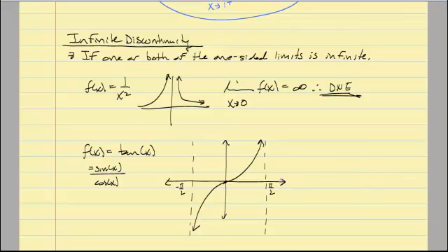Well, let's go ahead and try and determine the limit as x approaches pi over 2 from the right of tangent of x. And actually, the rest of the graph over here would look as such. Okay, and it would come up over here as well with another asymptotic line. So as we can see, as we approach pi over 2 from the right, this is going toward negative infinity.